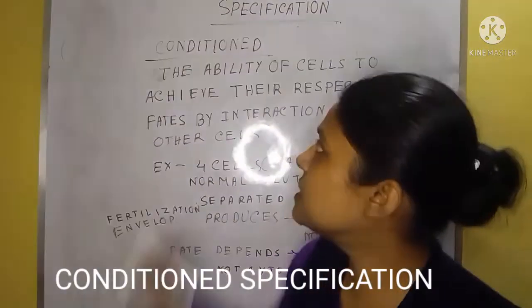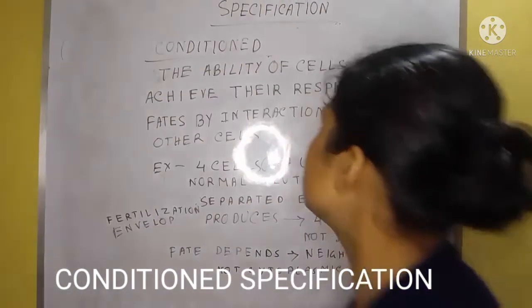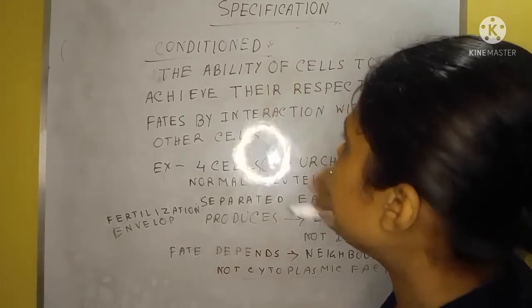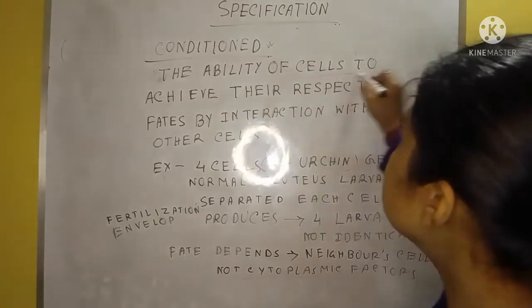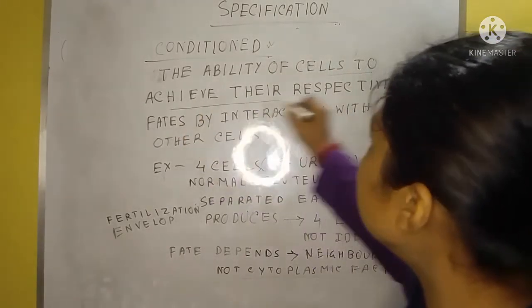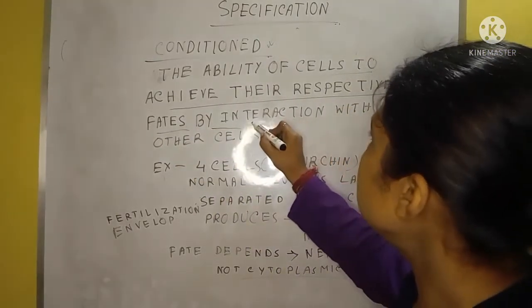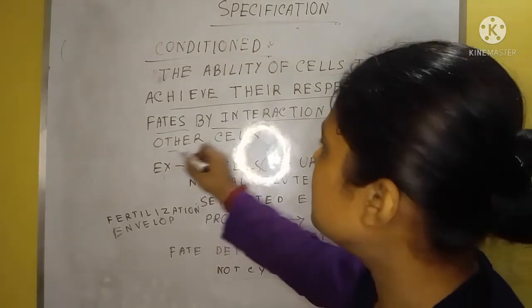So this is the conditioned specification. Conditioned specification is the ability of the cells to achieve their respective fates by interaction with other cells.